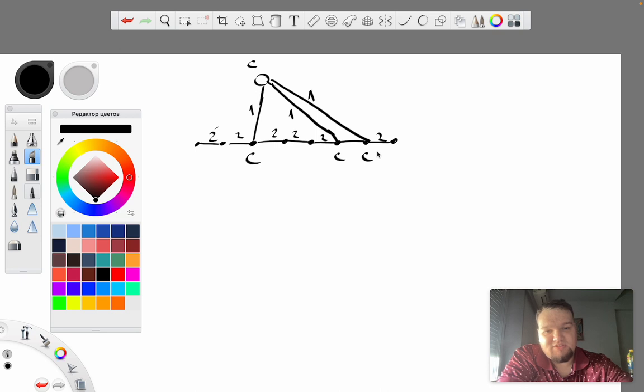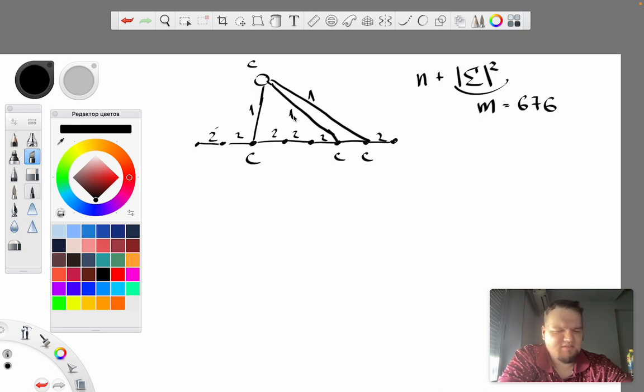So on this graph, which is of size n plus alphabet squared, but let's call this m, the size of the graph is n plus m vertices and 2n edges, right?